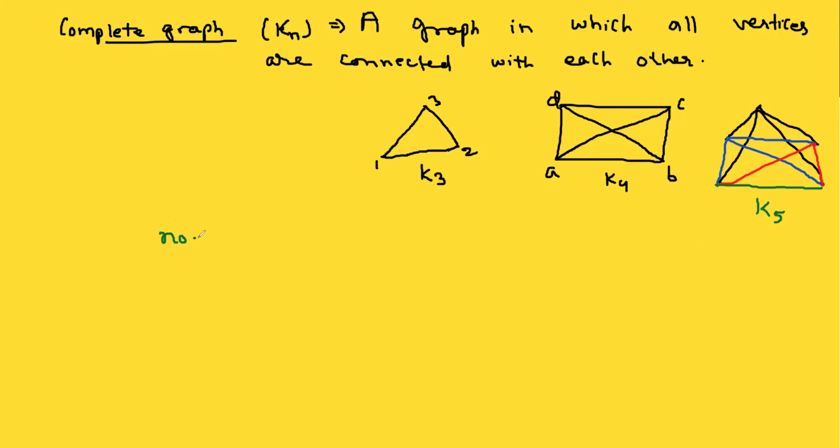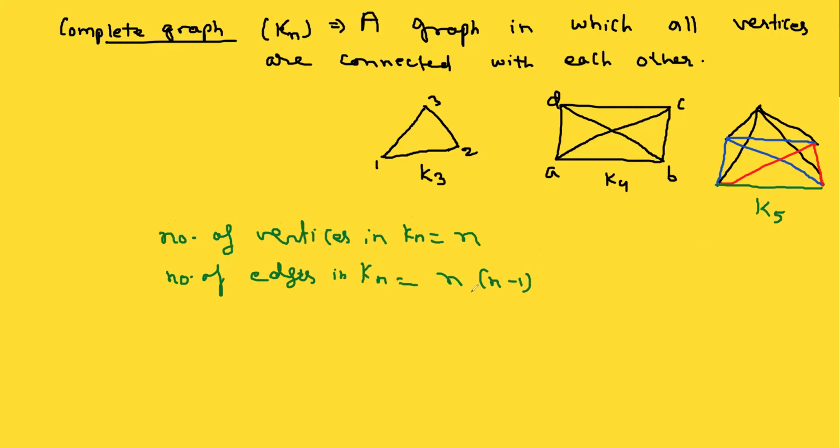So the number of vertices in Kn is n. The number of edges in Kn is n(n-1)/2. Understood?